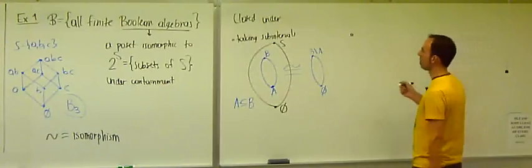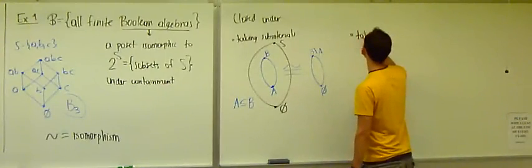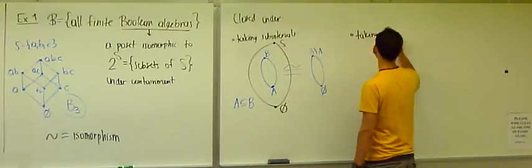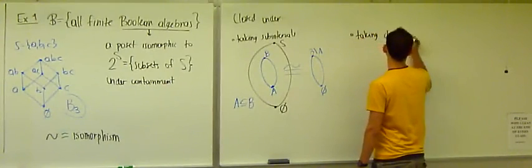Now I need to justify that this is closed under taking direct products.